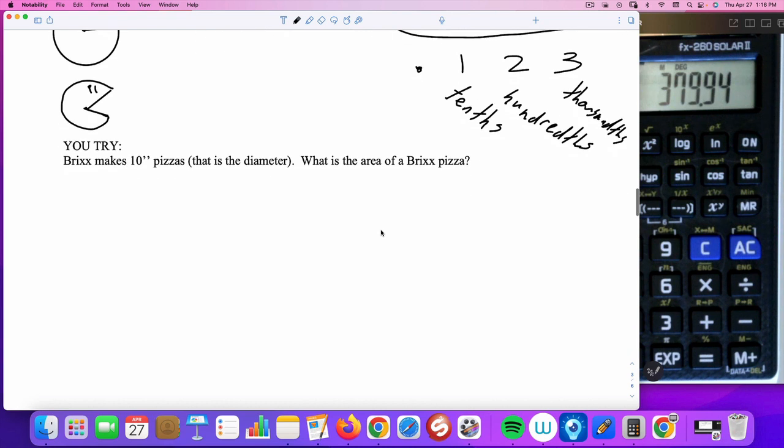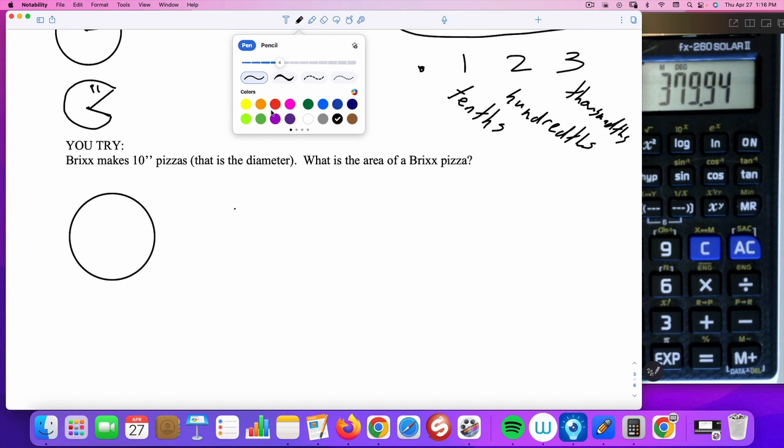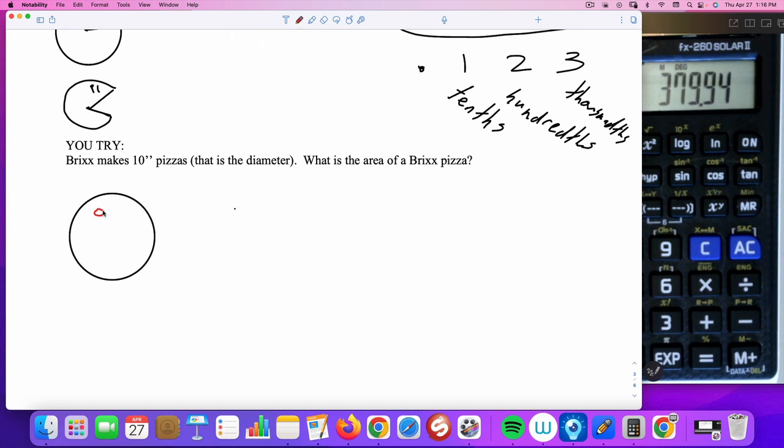Try this one. Brix makes 10-inch pizzas. That's the diameter. What's the area of Brix pizza? 10 inches is the diameter. Draw yourself a cool little picture. You can make some pepperonis if you want to. There's my smiley face pepperoni pizza. And he has a beard.